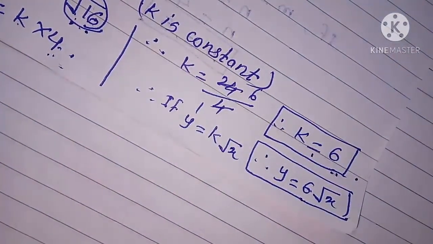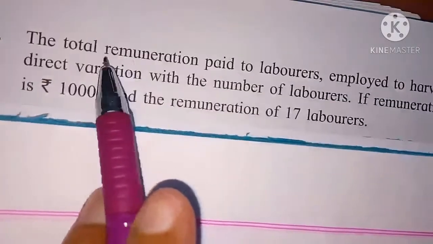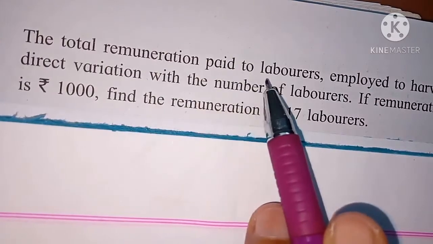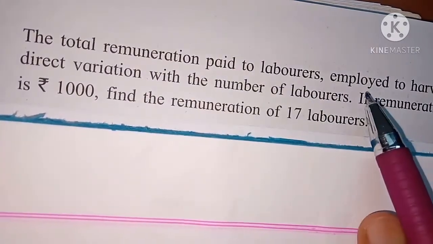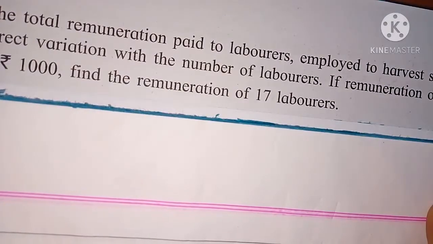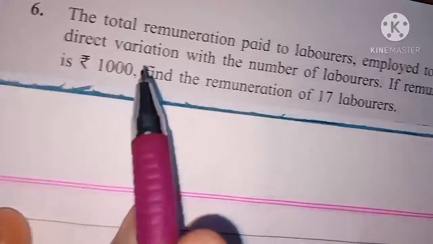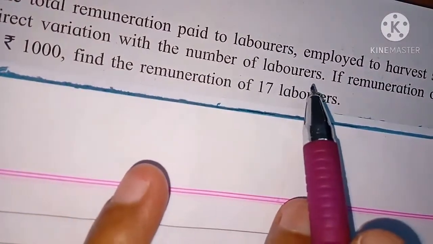So it is all about question number 5. Let's see question number 6. Sixth example. The total remuneration paid to the laborers employed to harvest soya bean is in direct variation with the number of laborers.